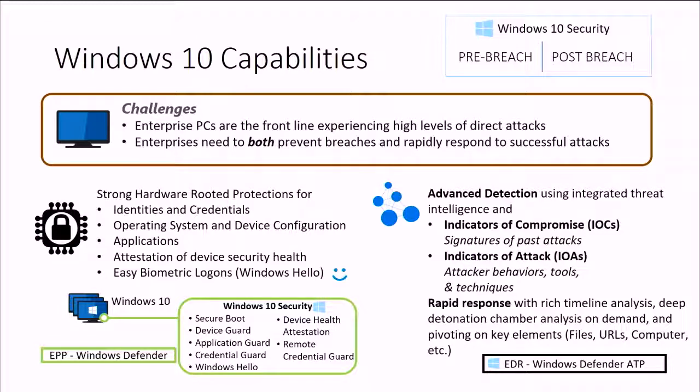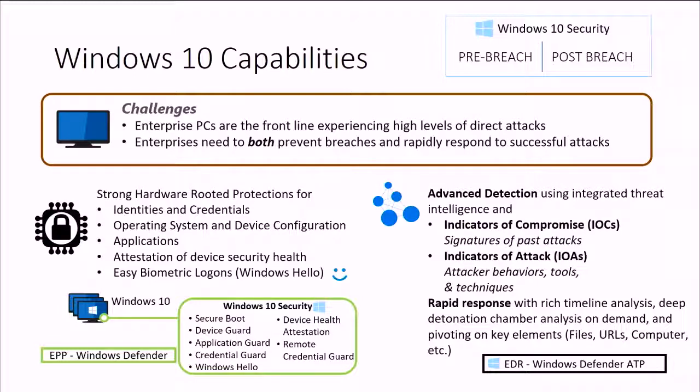No. So one of the things that we do with Windows Defender is something we call block at first sight. Every now and then we may come across a binary or a file which we don't know anything about. So we can leverage the scale of the cloud to send that file up to the cloud and do the analytics on it, whether it's detonating that particular file or gaining more intelligence, figuring out if this piece of data is malicious.